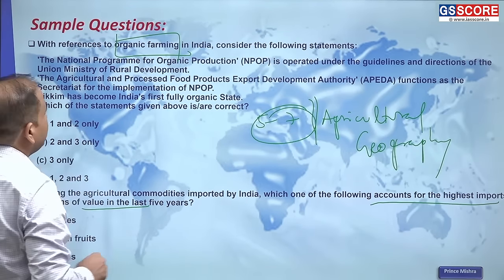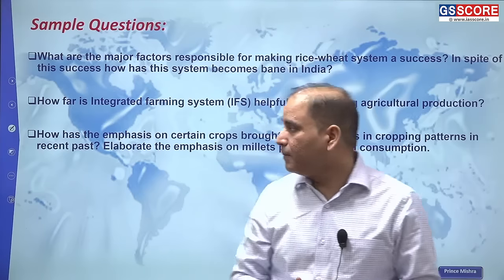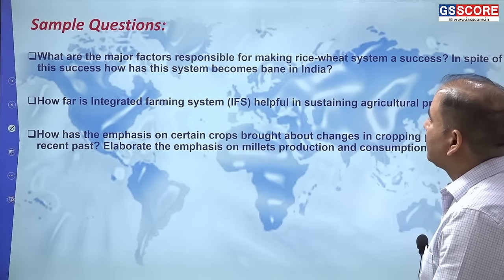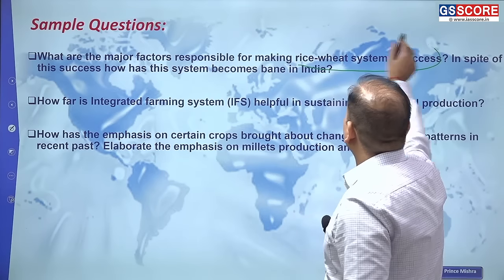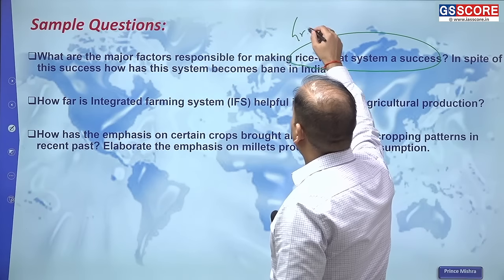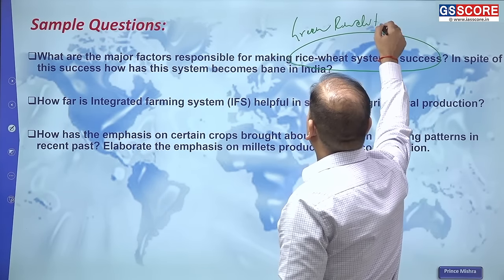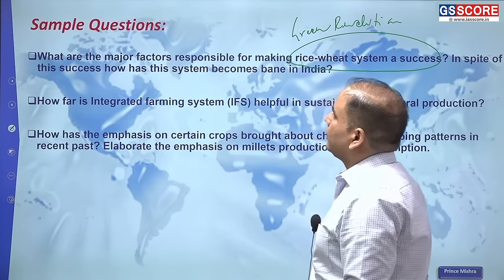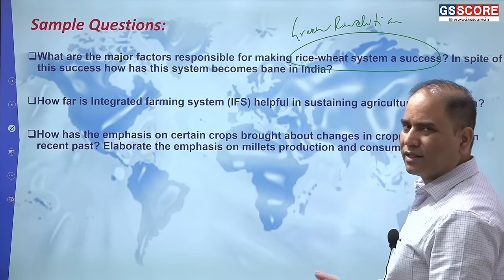Anyway, now if you look at the mains questions, you will find questions like: what are the major factors responsible for making the rice-wheat system a success? Saying the rice-wheat system a success simply means the question is being asked from the Green Revolution. So the question is directly asked from the Green Revolution.